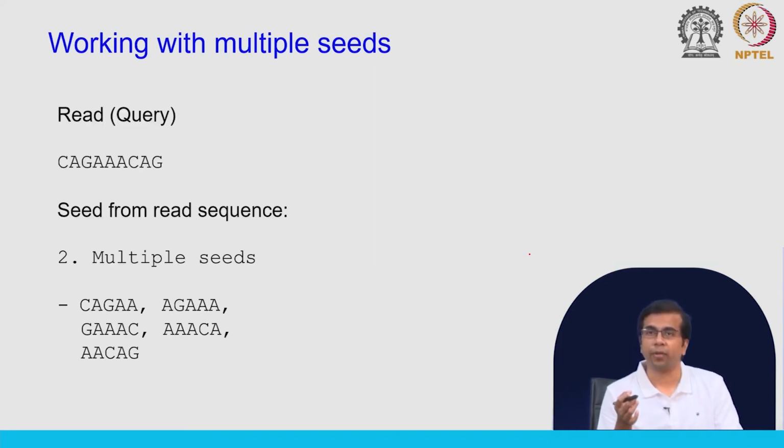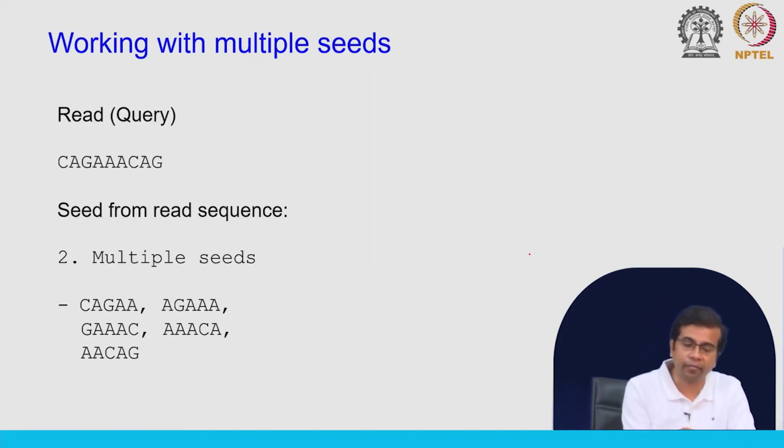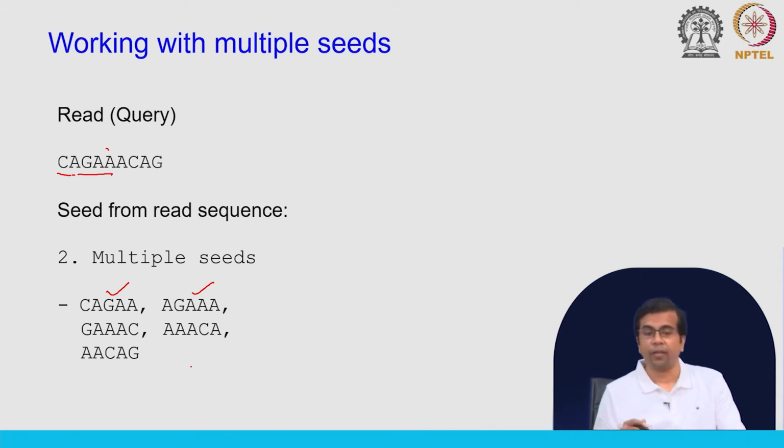What we mean by multiple seeds is that, again for the same seed length, we have this GAA. We are generating all possible seeds here, just sliding this window again, and we get these 5 seeds. Now, we will search each of these seeds for their positions in the hash table.